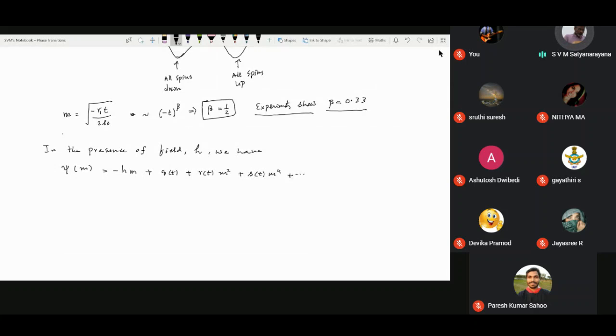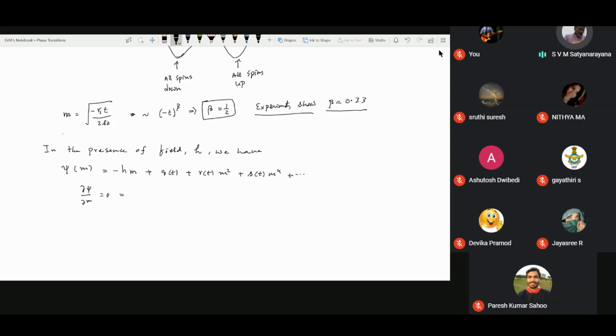Obviously, when you apply a field, there is no symmetry between m and minus m, because that direction will be picked up. So that means symmetry breaking takes place because of the applied field. This is the free energy that you will have. Now if you minimize, you ask what dou psi by dou m equal to 0 gives.